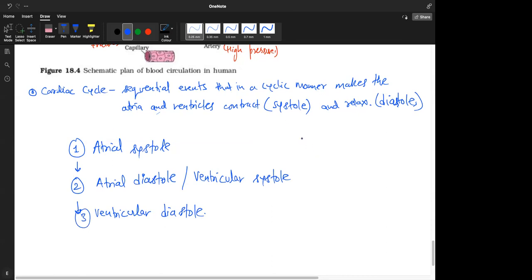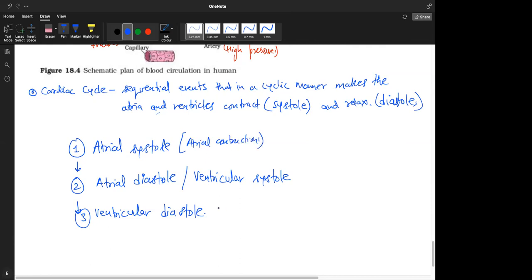Now, how many of you have heard of the heartbeat? A beating heart? How many sounds do you hear from a beating heart? So let me also write it. I think 2. Yes, 2.